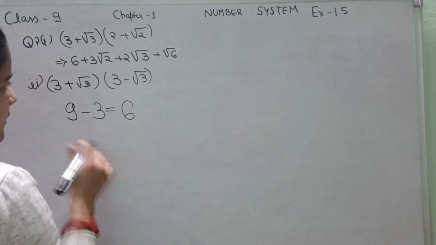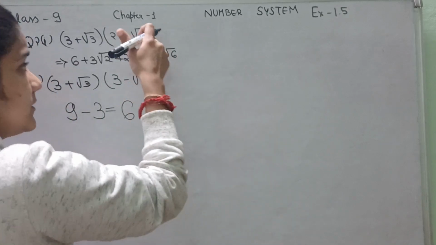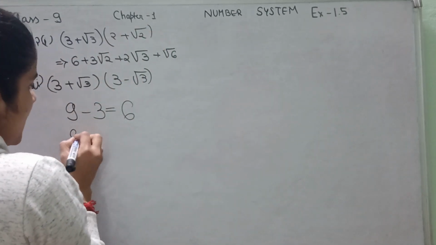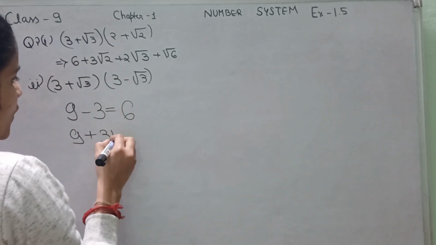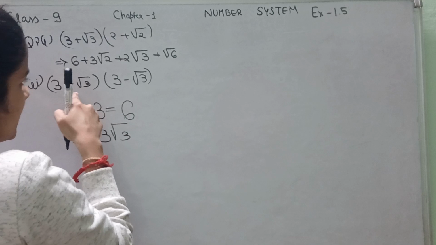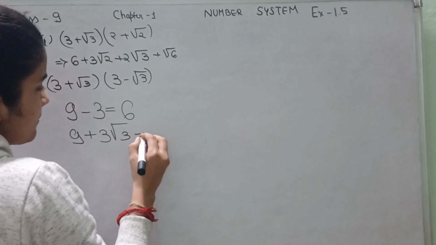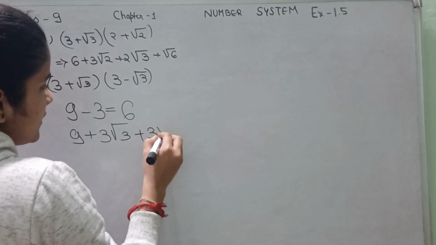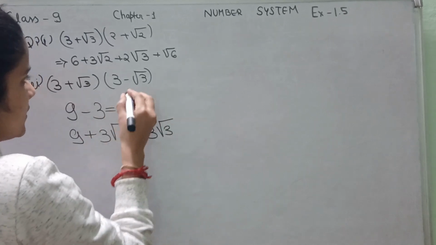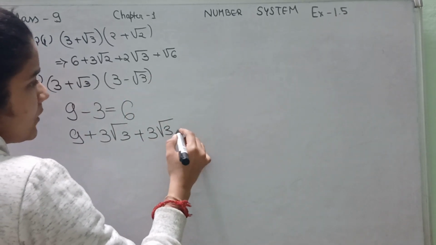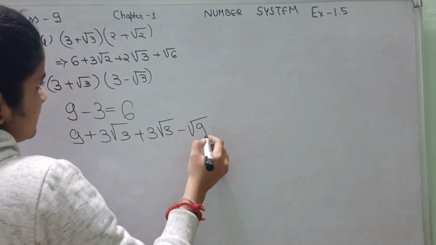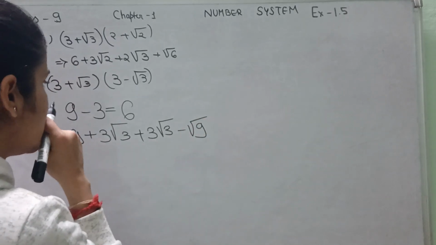a square minus b square, which is 9 minus 3, 6. Again, by solving it by this method: 3 into 3, 9, plus 3 root 3, this into this, minus 3 root 3, and root 3 into root 3, root 9. Okay, am I not mistaking anywhere?